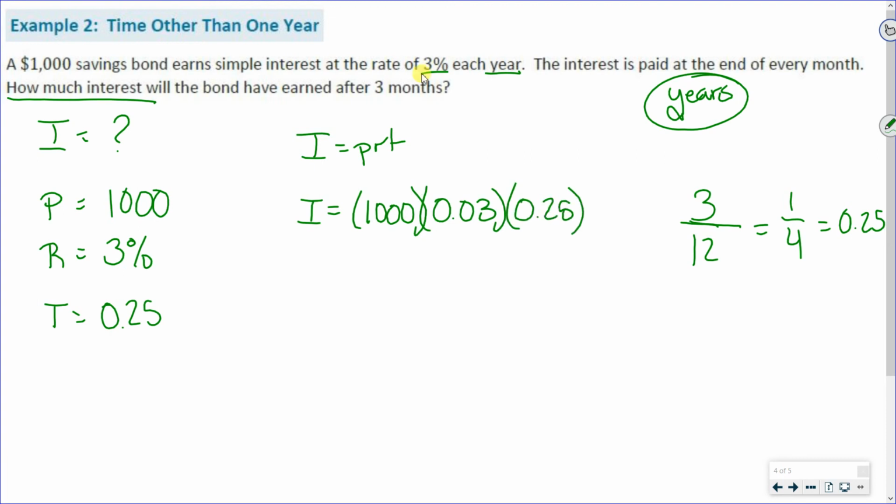So 1,000 times 0.03 times 0.25 gives me 7.5. So the interest after 3 months was $7.50. So basically this young man would have accumulated 4 times that, or about $30 over the course of a full year. But we aren't worried about a year, we were just worried about 3 months. All right, let's move on to the next one.